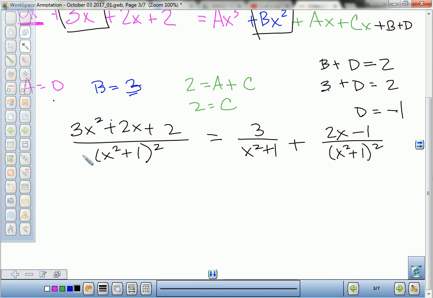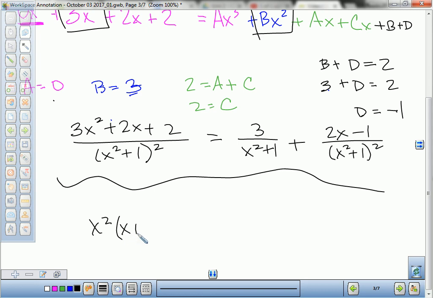Okay, so for number 8, our denominator factored to x squared times x plus 2. So when we break it up, this is a repeated factor. So we have to do x to the first, and x to the second, and then x plus 2. Those would be our 3.